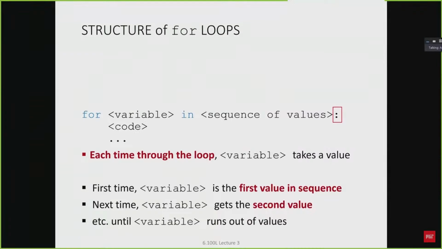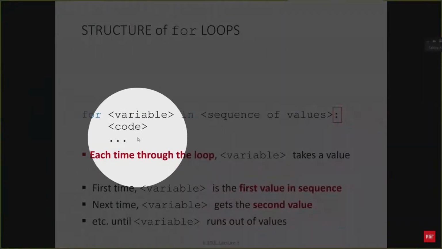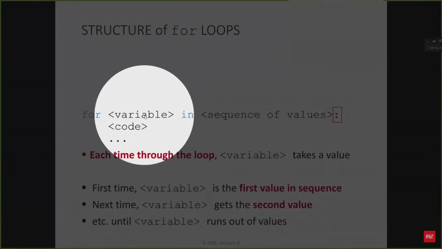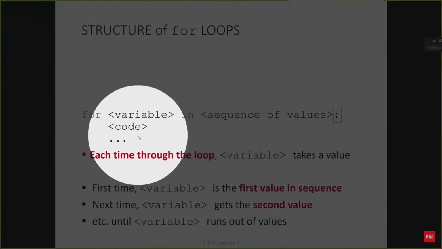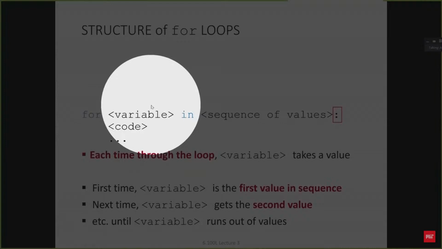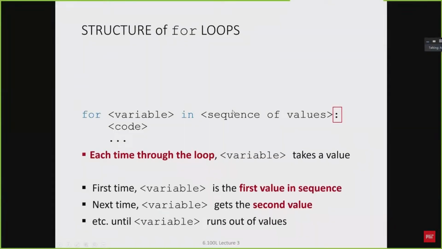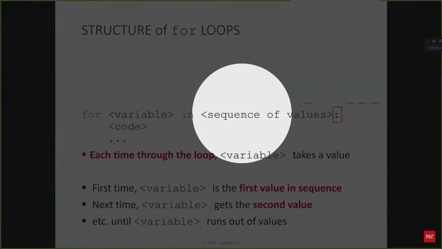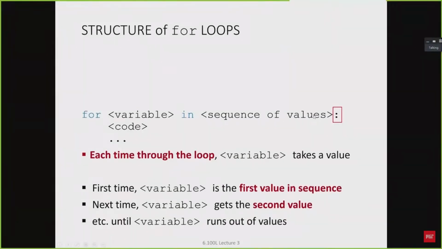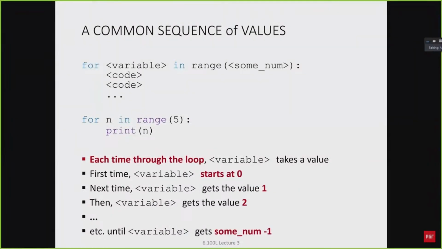Automatically, after it finishes executing these lines, Python will go back and set this variable to the next value in the sequence, and execute the same lines of code. When it's done, it's going to make the variable take on the next value in the sequence and execute those lines of code. And so these lines of code will effectively be executed however many values you have in your sequence.